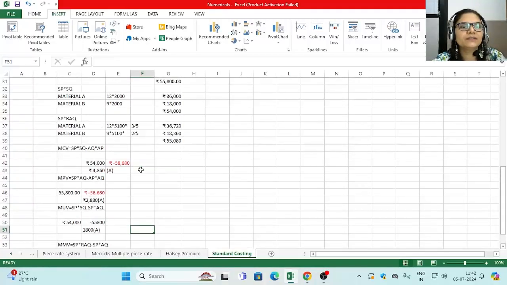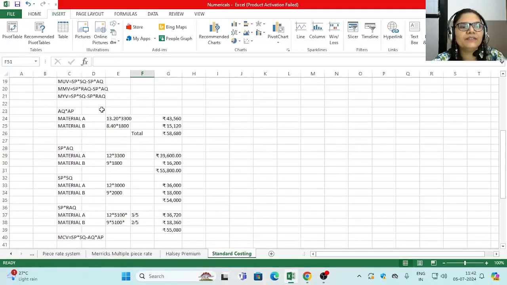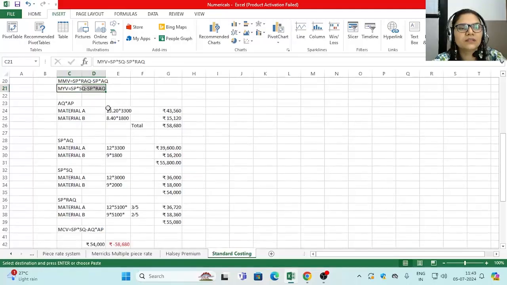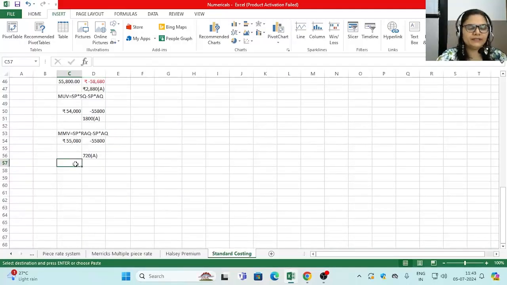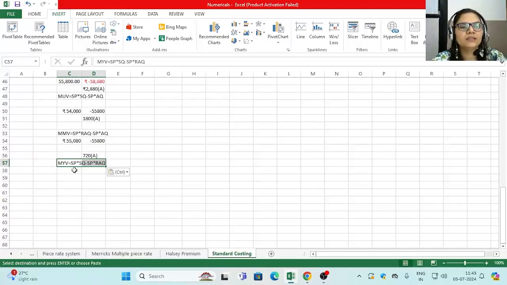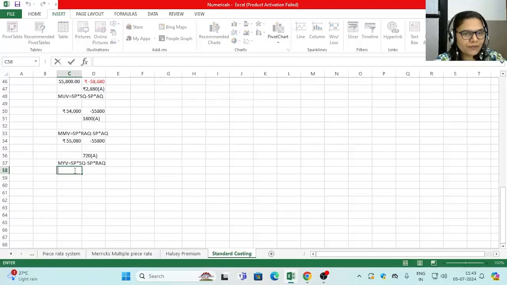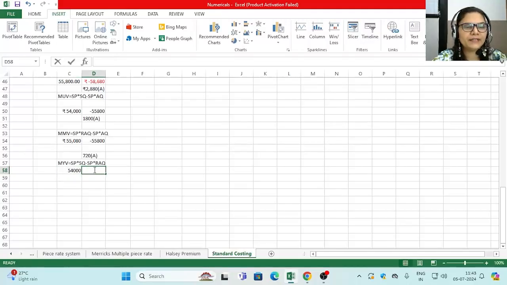Next is material yield variance. Material yield variance is, we know SP into SQ we have already calculated is 54,000 minus 55,080.